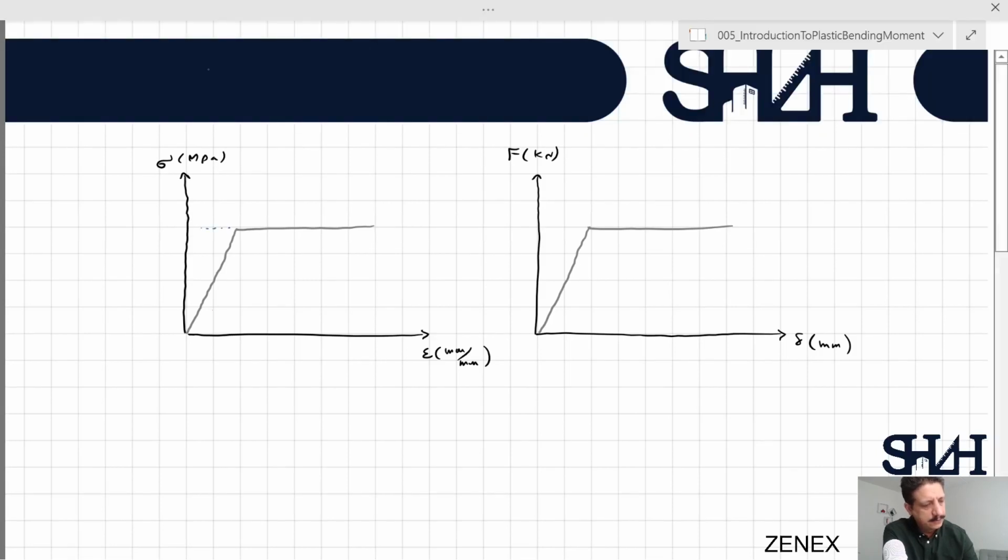In the sigma graph, this is 250, and the corresponding strain is 0.00125. In force displacement, force is 122.75 kilonewton, 0.625 millimeter.